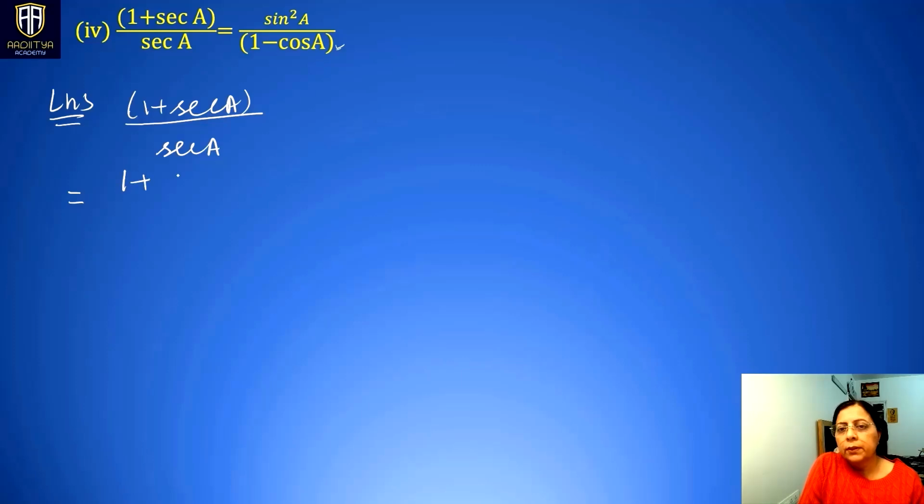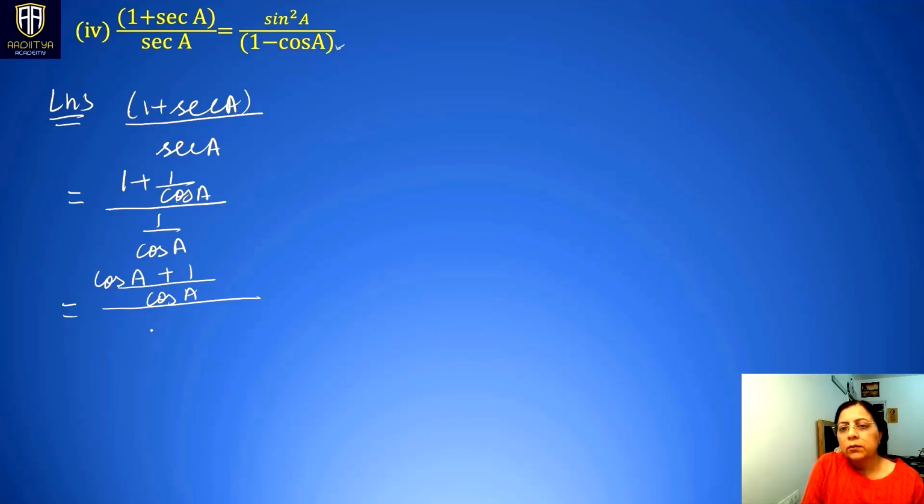This is 1 plus 1 upon cos A divided by 1 upon cos A. So here I can take LCM, cos A. This cos A gets multiplied by 1, so it becomes cos A plus 1, and in the denominator we have cos A.